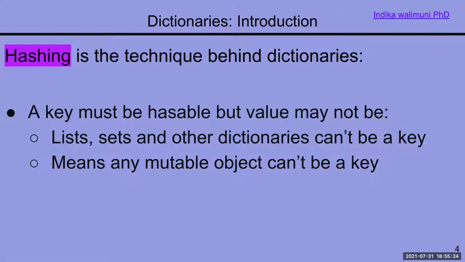So we cannot use any mutable Python object as a dictionary key. In other words, we can use integers, strings, and immutable tuples, meaning tuples whose inside elements are also immutable. We can use a frozen set as a dictionary key because frozen sets are immutable. Any immutable object can be a key.